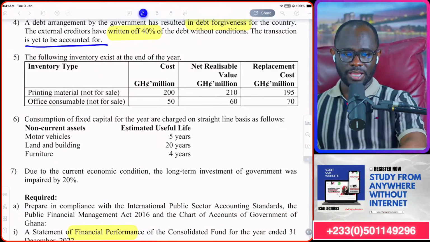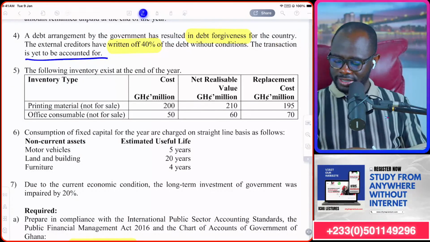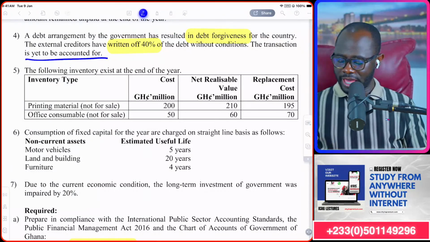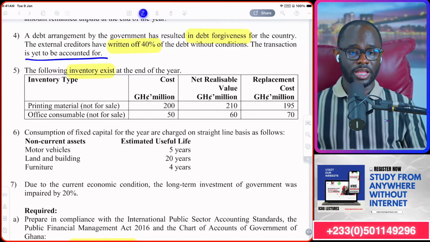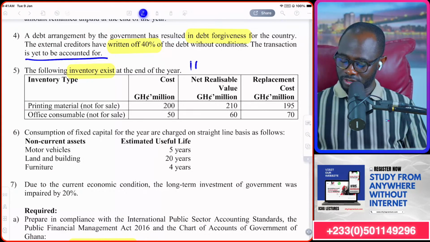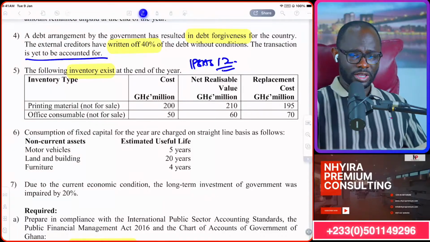Note 5 says the following inventory exists at the end of the year. Immediately I hear inventory, it means that I am going to be calling on IPSAS 12, Inventories. What's the principle under IPSAS 12? Simple.